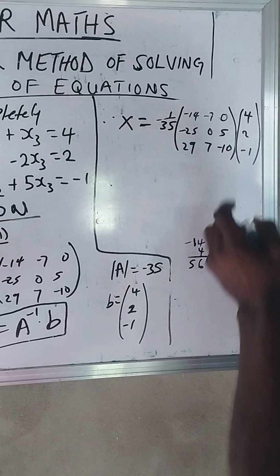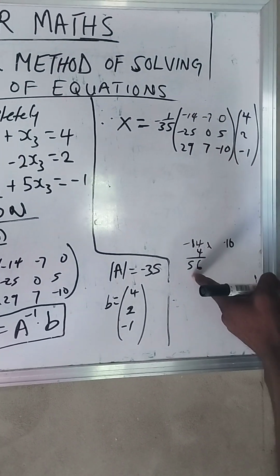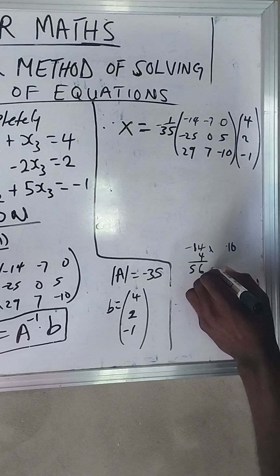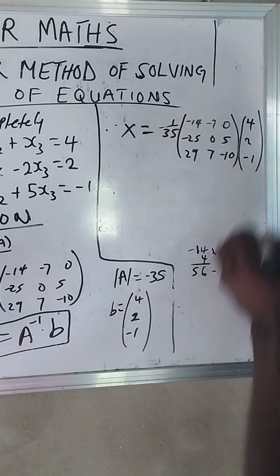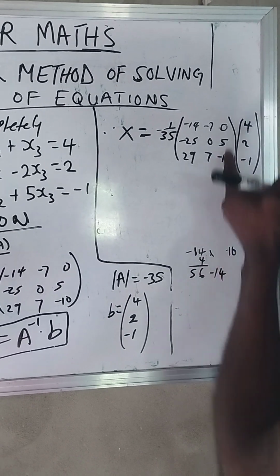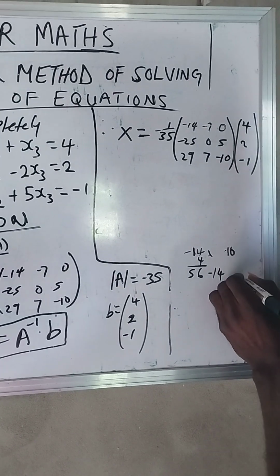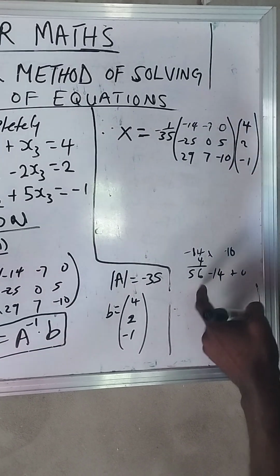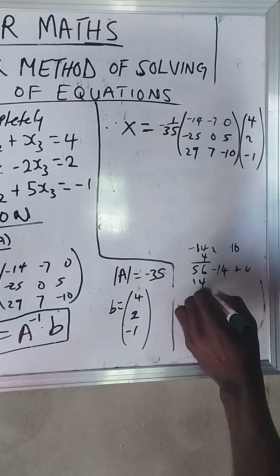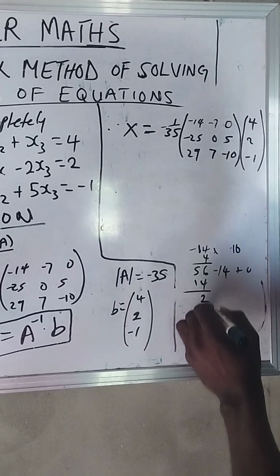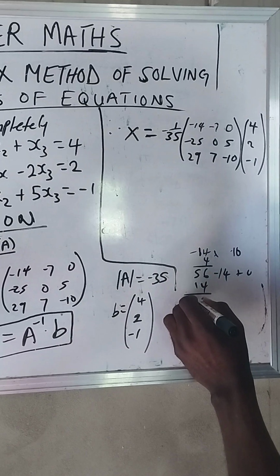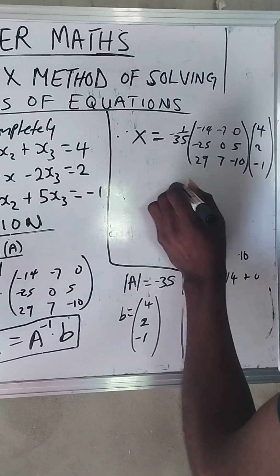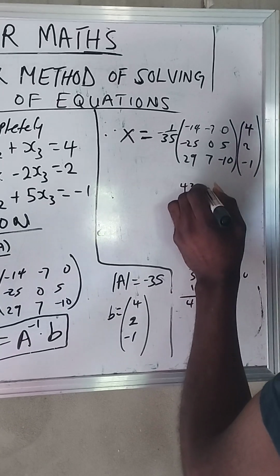So minus 14 times 4, you have 56. Minus 7 times 2, you have minus 14. 0 times minus 1 is 0. So 56 minus 14, we are going to have 42. The first one will be 42 here.